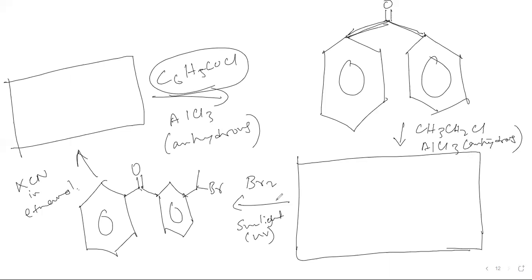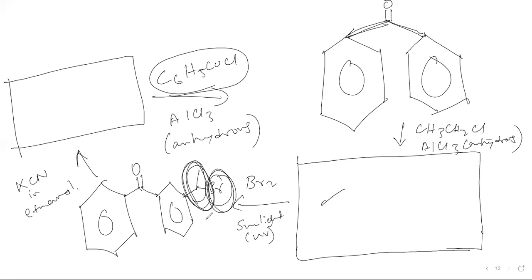And see the product afterwards, where Br2 is added with sunlight. That means Br2 with sunlight is what? Free radical substitution, the reaction of alkanes. Free radical substitution is taking place. That means this should react in the side chain, not in the benzene ring. So bromine is added here. That means this is the new part produced due to Friedel-Crafts alkylation.